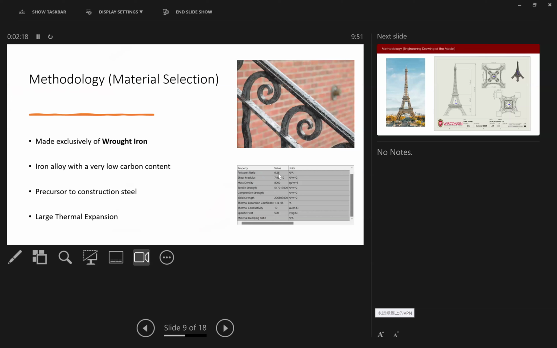So this is how we selected our material. As James mentioned before, the whole tower is made exclusively of wrought iron, which makes our simulation even simpler. Wrought iron is an iron alloy with a very low carbon content, similar to today's low carbon steel. However, it is actually a precursor to construction steel, because at that time steel was not widely used in France.